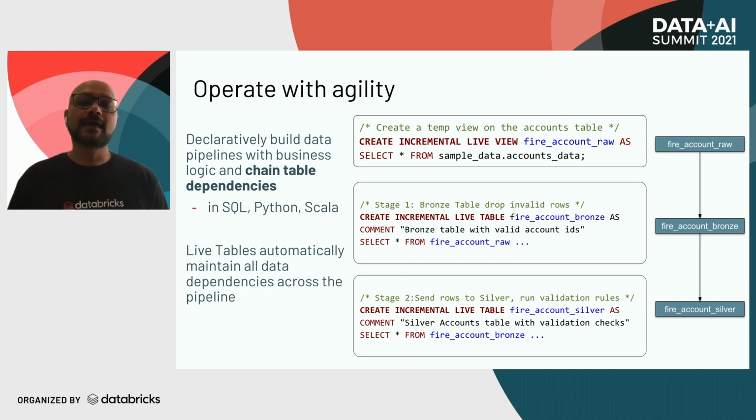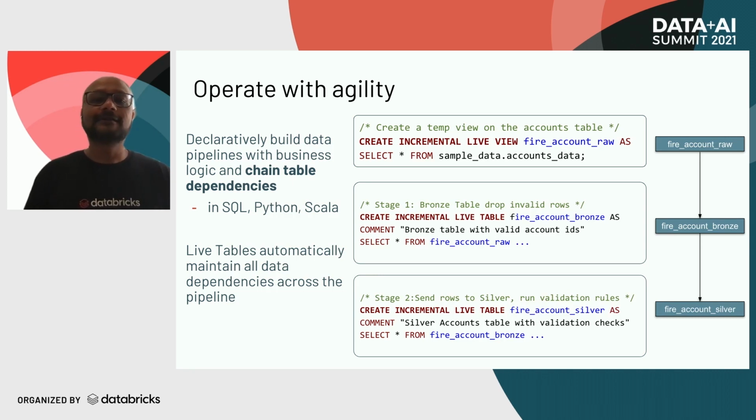Along the way, you may persist tables. You may create a bronze table, a silver table, a gold table, but even without it, you might create temporary views along the way to simplify your logic as the data flows from the source to the target. So what we have done is allowed you to create these simple chains of transformations from your source to the target.